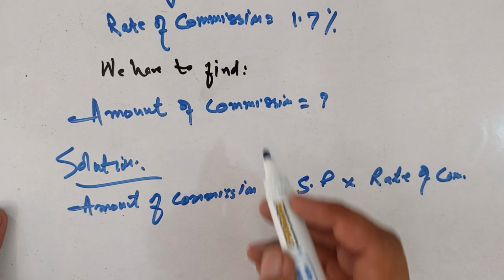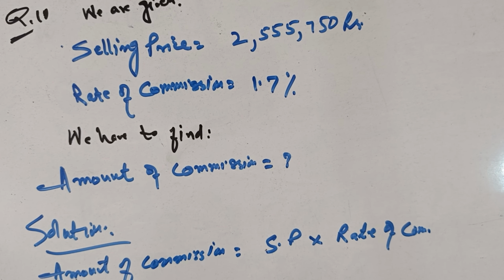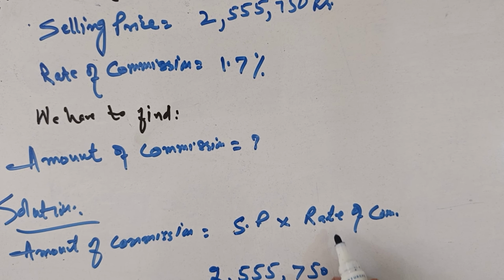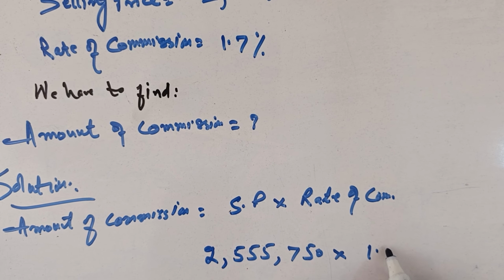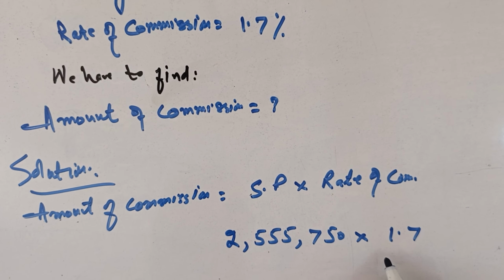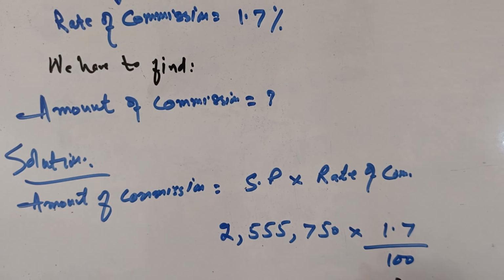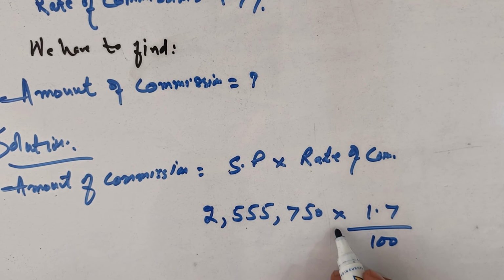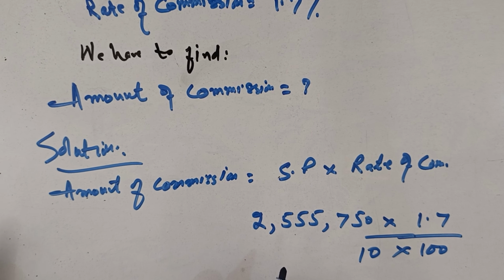So the selling price is 2,555,750 rupees, and the rate is 1.7%. Whenever there is a percent, it is out of hundred. So in place of this 0.7, we will write 10 here. So this is 17.